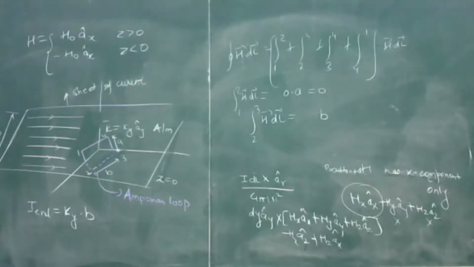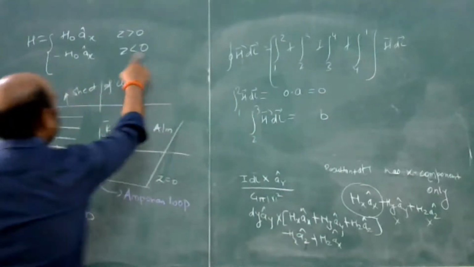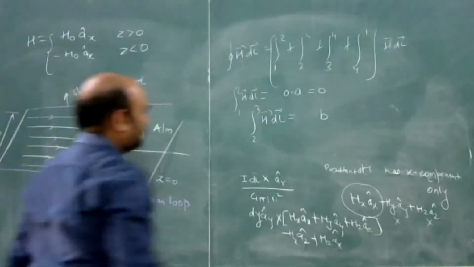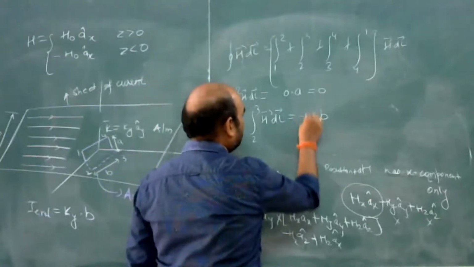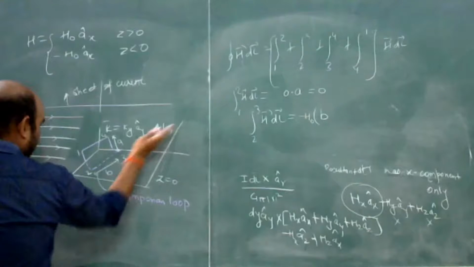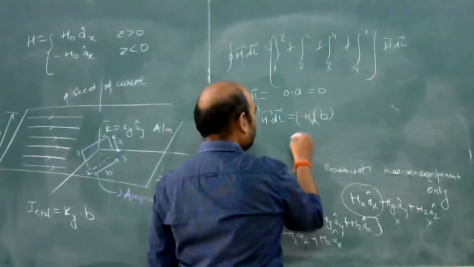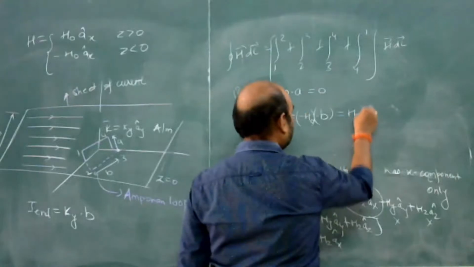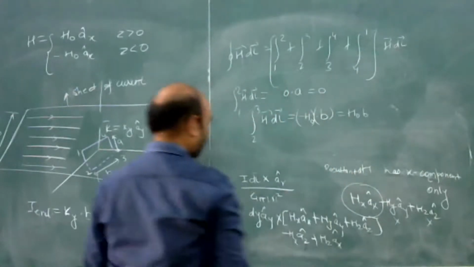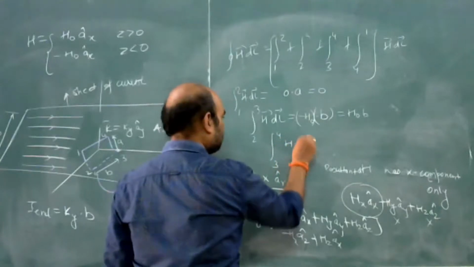So we know that for z less than 0, it is minus H naught in the minus ax direction, so this will be H naught into b, with a minus sign. Then 3 to 4, H·dl.